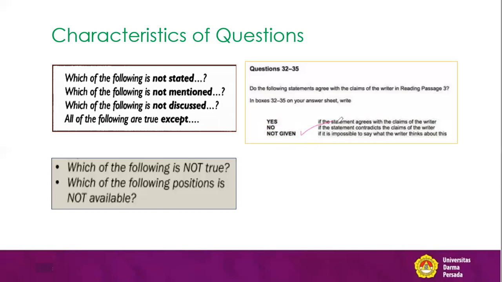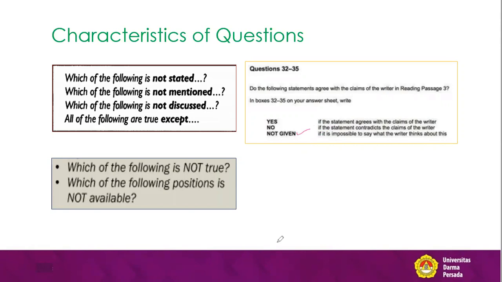So there is a statement, for example, the Great Lake in America has blah, blah, blah. And then you try to find that information in the reading passage, and you don't find it. That means not given.